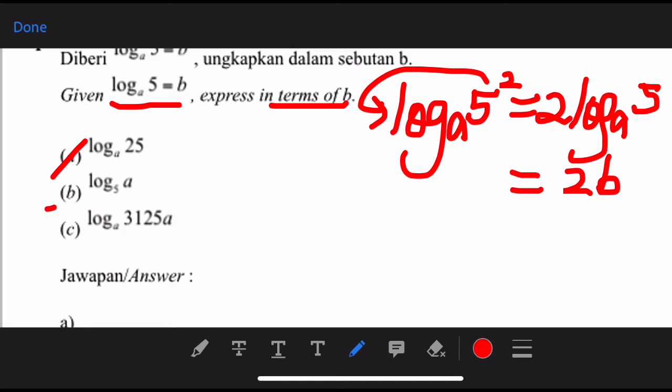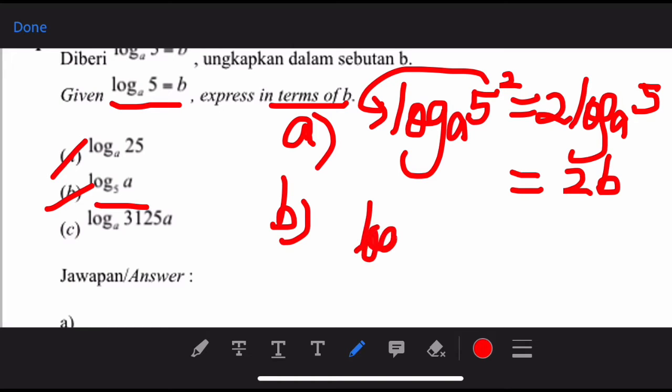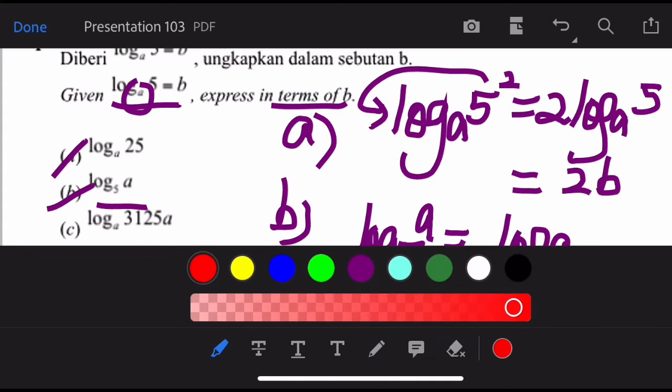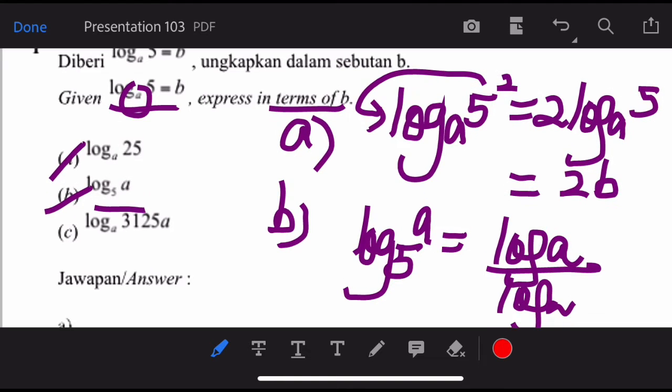Okay, so let's see part (b). For (b), express log 5 a in terms of b, given log a 5. If you know that the given one is in terms of base a, of course we will focus on base a. We change the base to log base a. After you change the base, you flip it, we say this is an upside down.